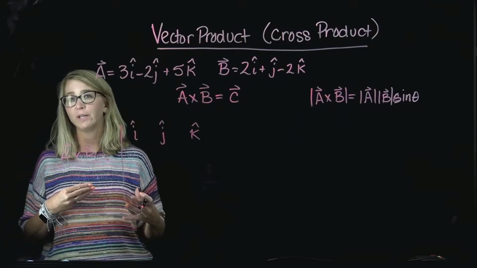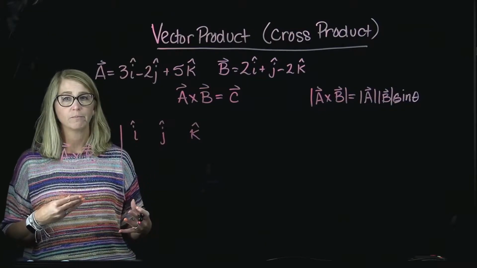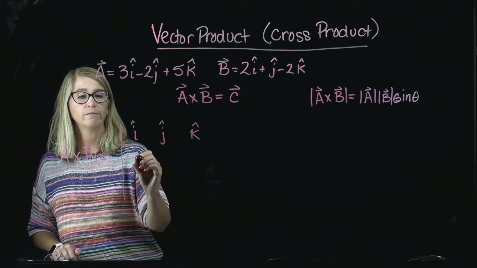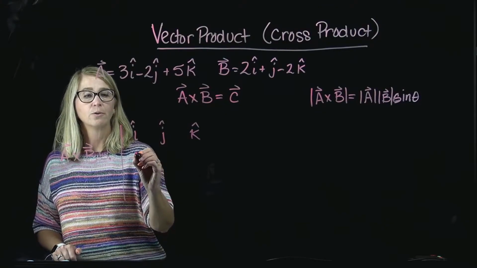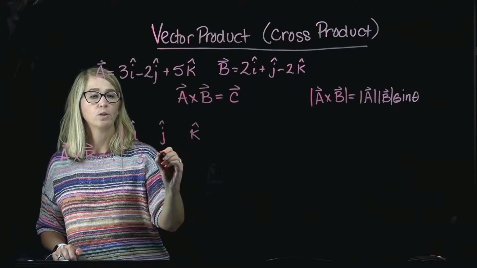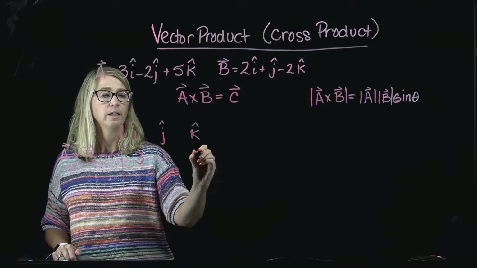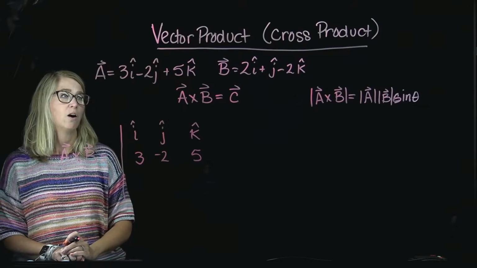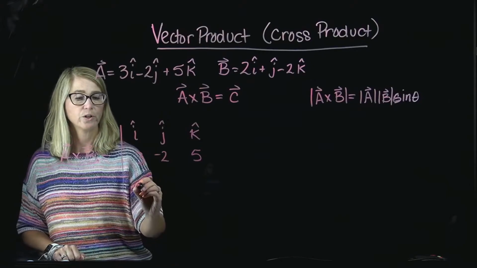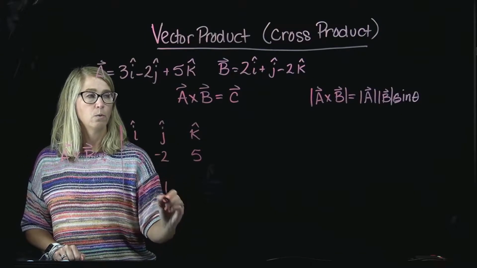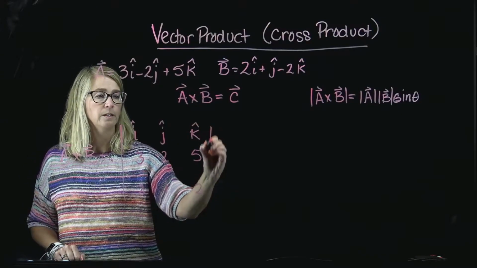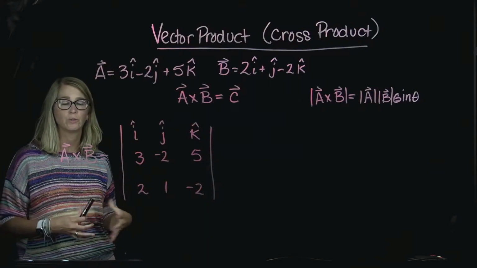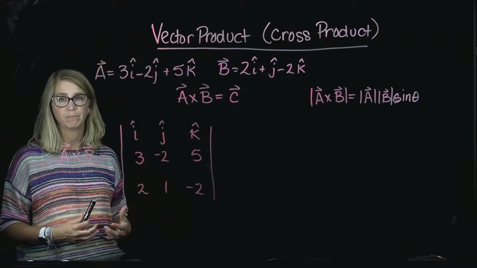That is, A cross B and B cross A are not the same. So order matters. The next row is the components of A. So the x component goes here, the y component goes here, and the z component goes here. And then the last row are the components of B, which is the x component, the y component, and then the z component. Now what we're going to do is find the determinant.